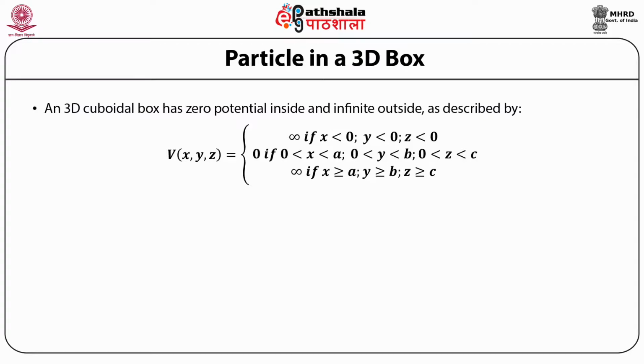And it is again infinity if x is greater than or equal to a, y is greater than or equal to b and z is greater than or equal to c.